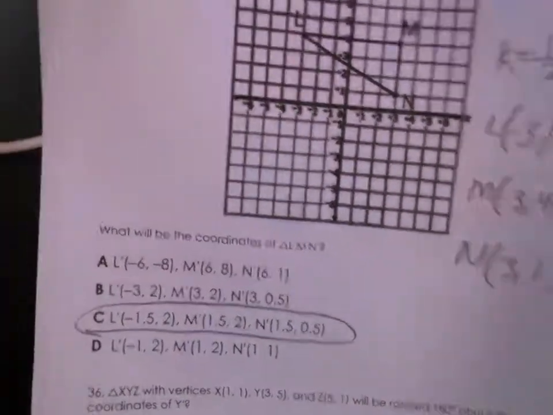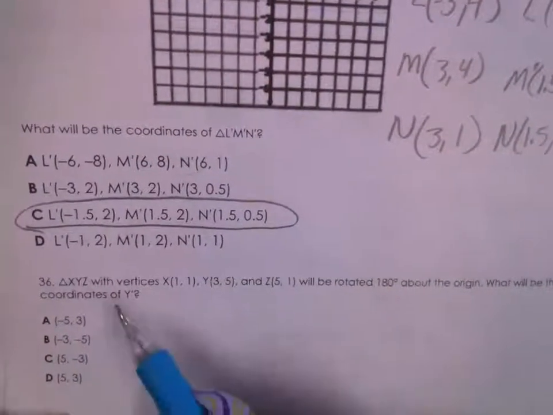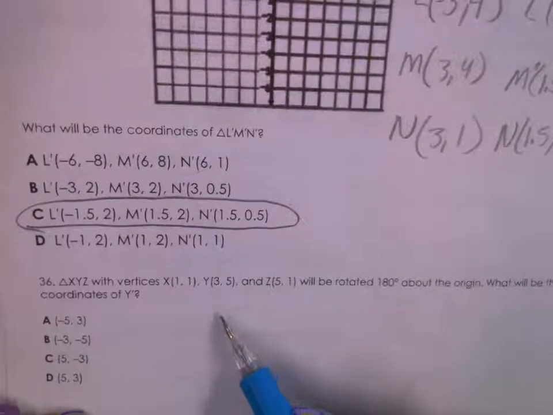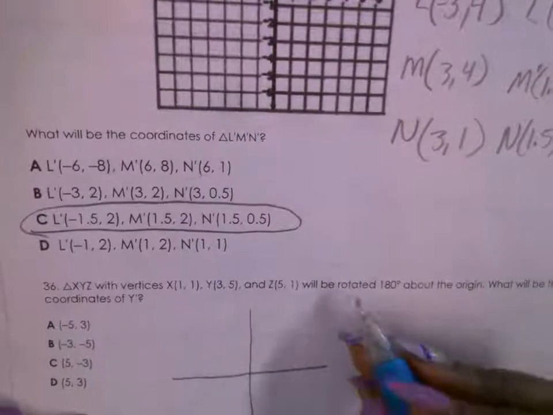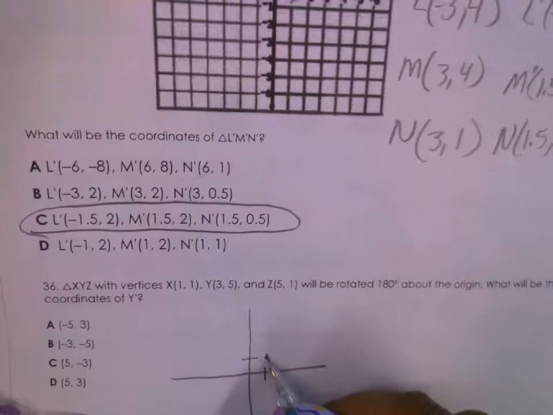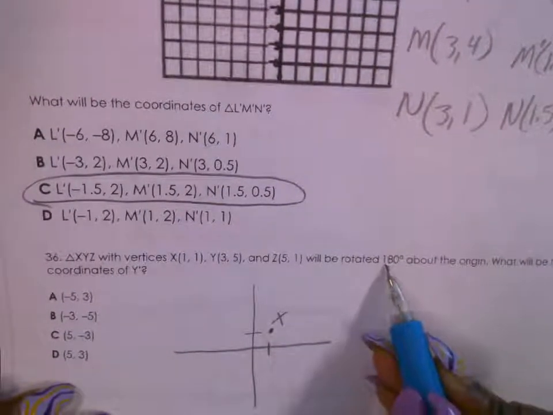Okay. Let's look at this one. Rotated about the origin. Okay, so let's do one of them so you can see what's going on. If I do 1, 1, and I rotate, this is my point X, and this is to be rotated 180 degrees.